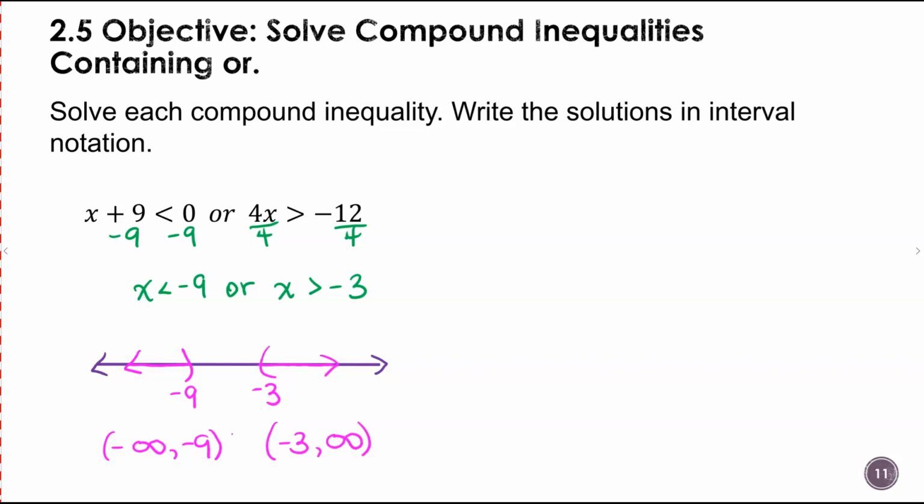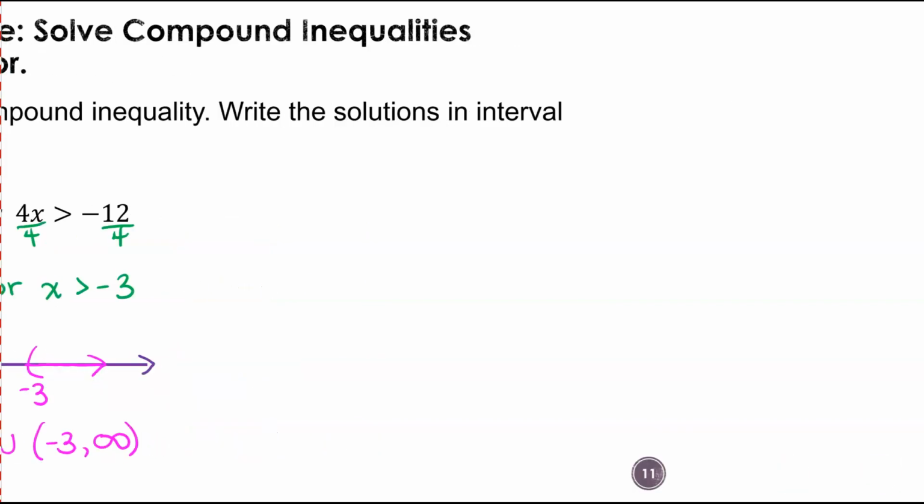I don't want that to look like a V. I'm not very good with my union symbols. So that's basically saying all of this is in my solution set. Any number that's less than -9, any number that's greater than -3, all of those are in my solution set for this particular compound inequality.